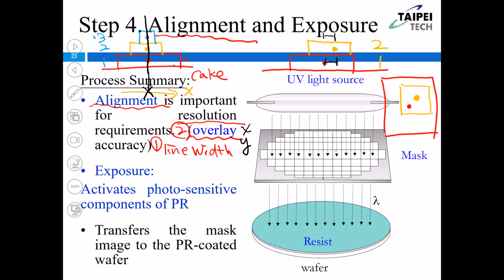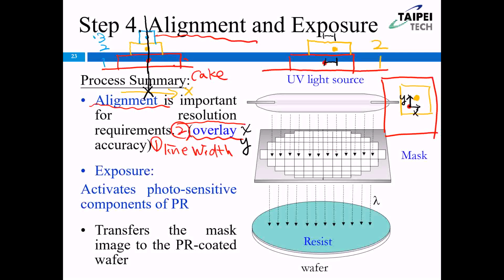From the top view, you have the X direction overlay and also the Y direction overlay. It just means the distance between those two central points.